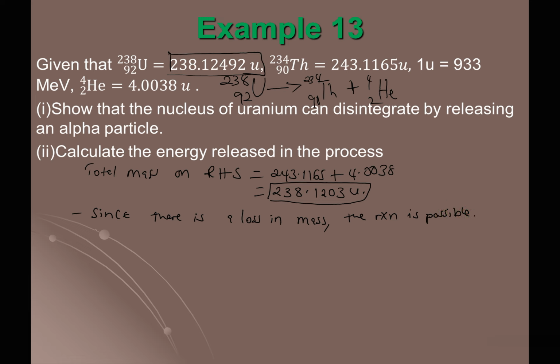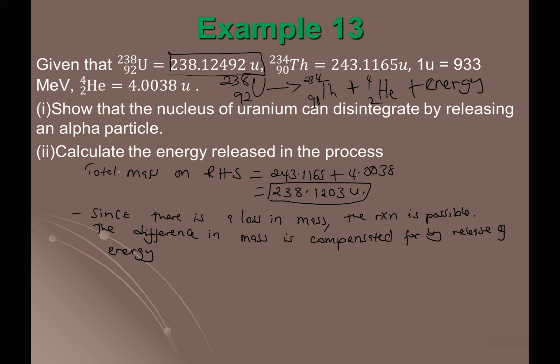The reaction is possible, and I'm saying the difference in mass is compensated for by the release of energy. So it means on this side I would add energy because there's a difference in mass.